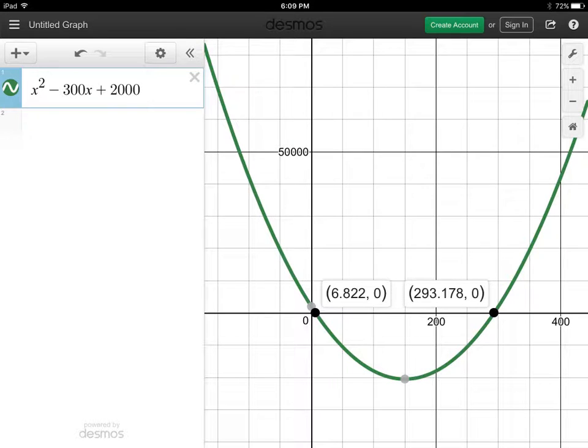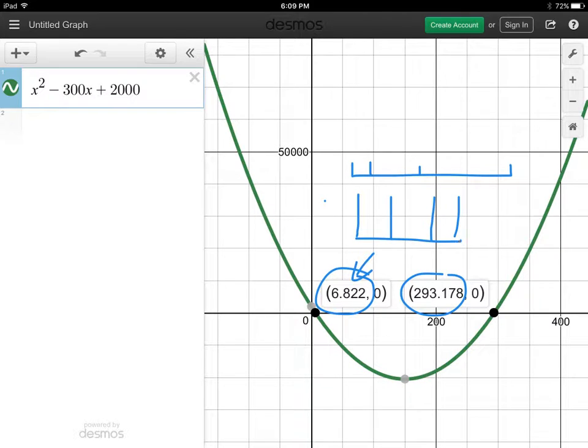Okay, this graph gives us an idea of what this function is. It has a 0 at 6.822 and another one at 293.178. So that tells us that either we can have really, really thin 6.822 yards or really, really steep verticals here that are going to be almost 300 yards long each, leaving very little space for this to be narrow.